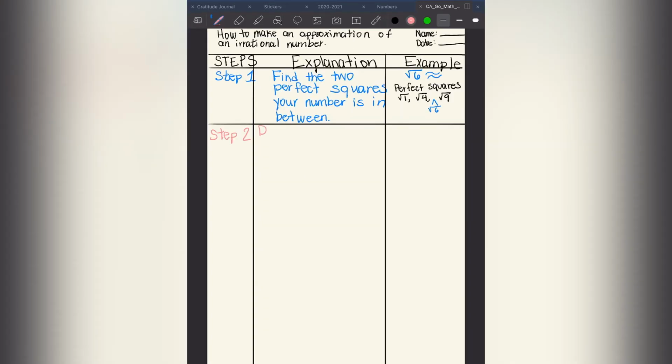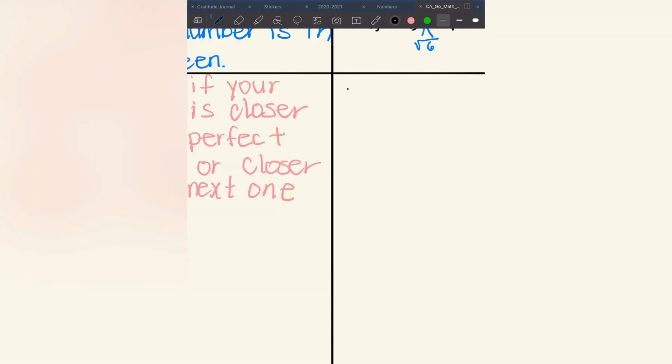Now we move on to step number 2. Decide if your number is closer to one perfect square or the next one. So we have the perfect square root of 4 and then the square root of 6 and then the perfect square root of 9, and so we know that the square root of 6 is in between those two numbers.